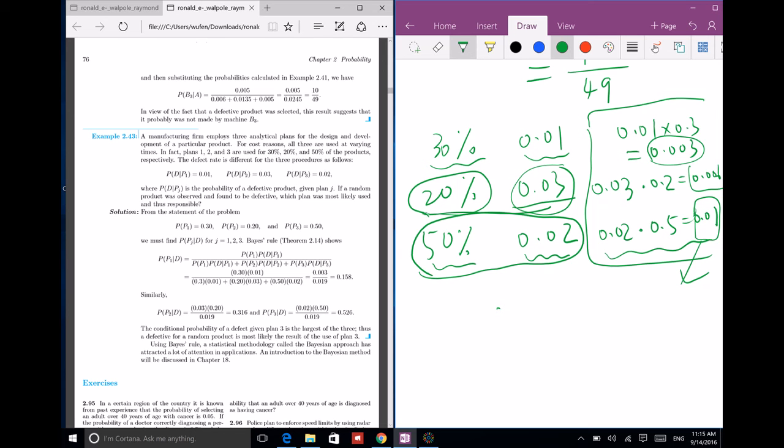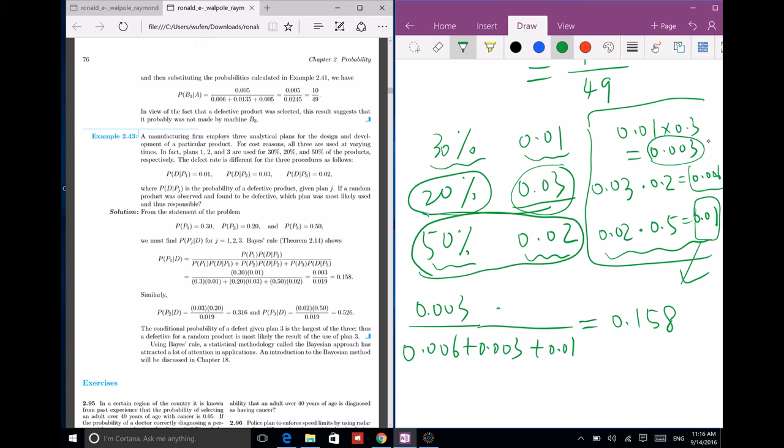Okay. So if you want to find the probability of each one, you have to use this one divided by the total. The first one is 0.003 divided by 0.003 plus 0.006 plus 0.01, and you find that it's going to be 0.158. The three together will equal 1. This means that the defect is from one of the 3, so for sure one of them has a problem.